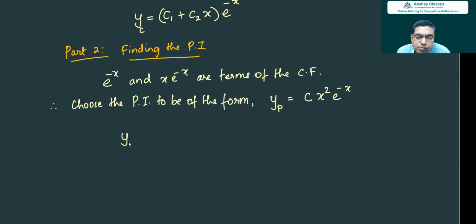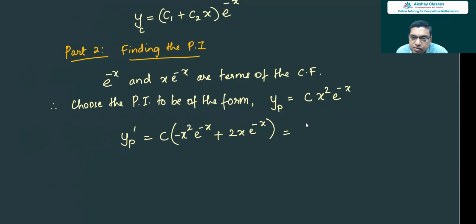So yp dash is c times the derivative of x square into e power minus x, which is e power minus x times minus 1 plus 2x e power minus x. So you get c into minus x square plus 2x times e power minus x.